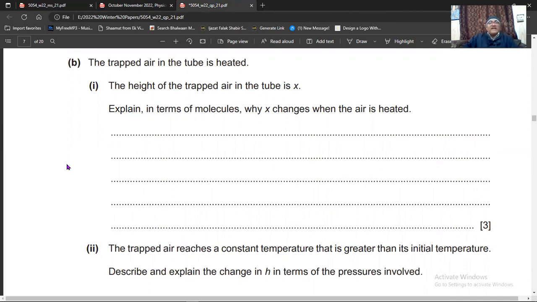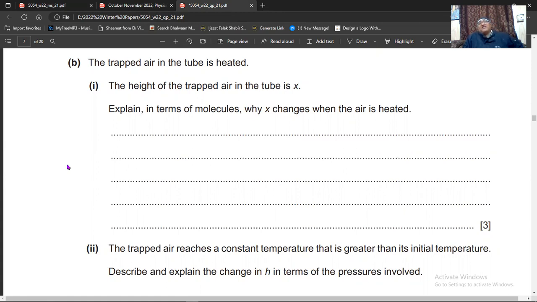You see, when you heat that air, the molecules of that trapped air will absorb the thermal energy and start moving faster. So when they move faster, their kinetic energy increases. So their collision frequency with the walls of that tube and with that liquid surface will increase.